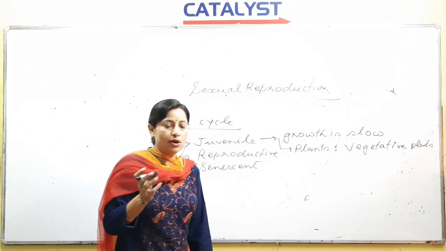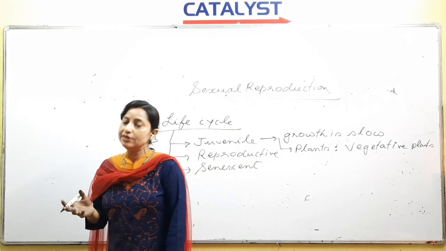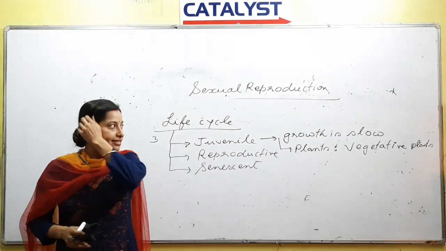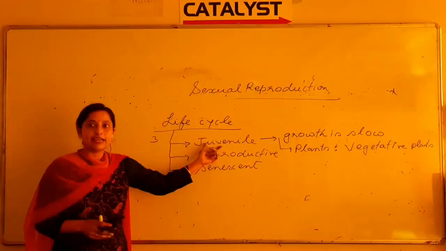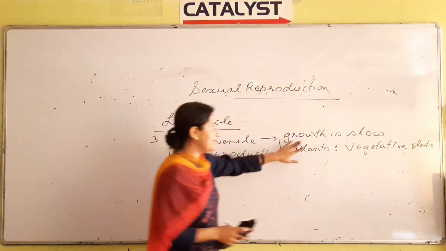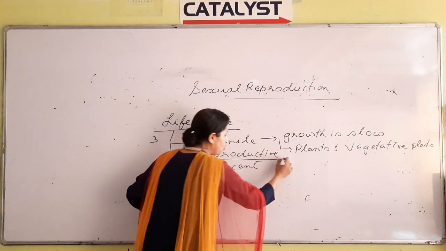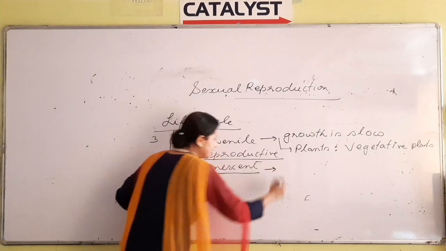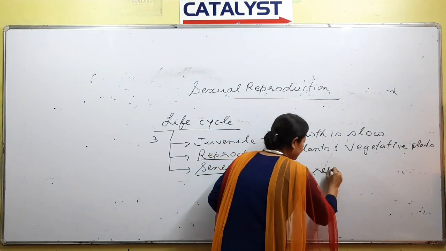The reproductive phase is when the plant starts bearing flowers. Until the flower appears, it is called the vegetative phase. So the juvenile phase in plants is called the vegetative phase, where growth is slow. We will discuss the reproductive phase in more detail. Next we have the senescent phase, also called the post-reproductive phase.